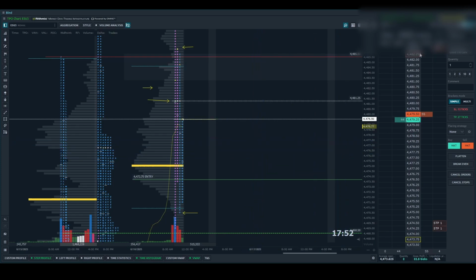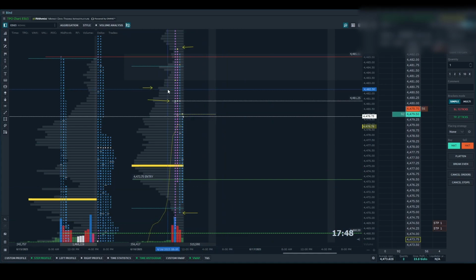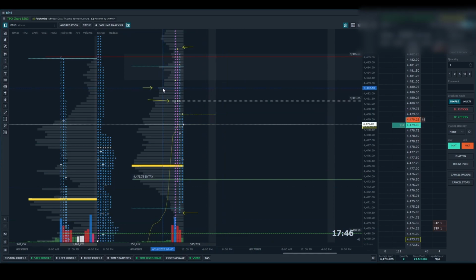And then I think our first target is right here.